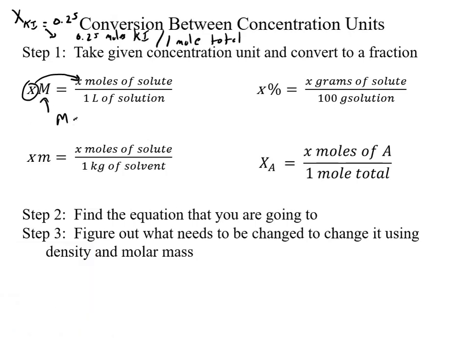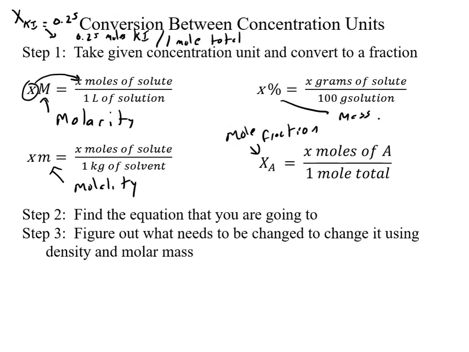This is molarity with an R. This is molality. This is mole fraction. And this one is mass percent. And so molarity, molality, mole fraction are all over 1, and mass percent is over 100.